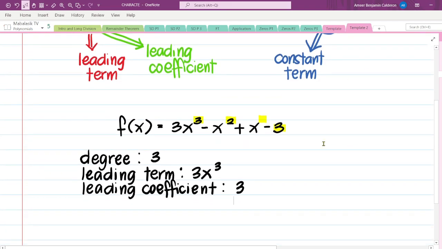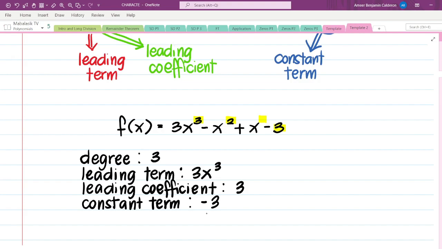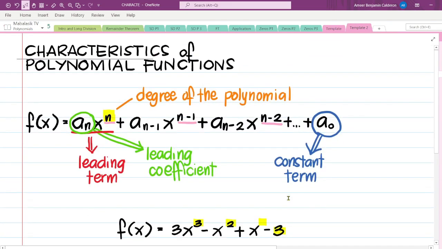And our constant term is the very last term, the term which does not have a variable, so the constant term is -3. There are instances when polynomial functions do not have constant terms because all terms have variables. That can also be. So these are the things that we need to do to be able to illustrate polynomial functions.